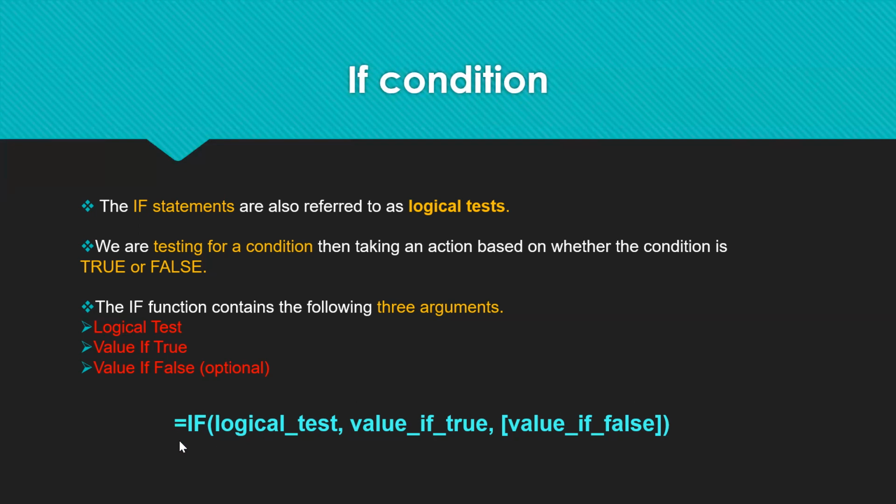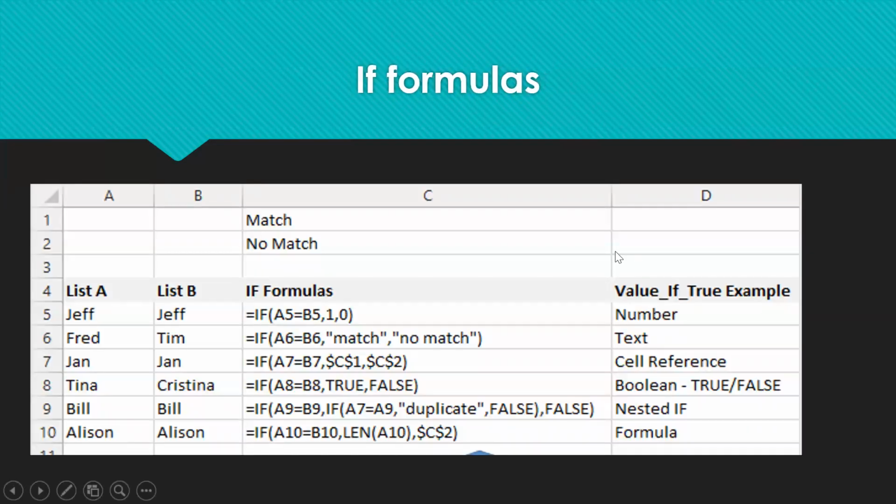This is the structure of the function. The first argument will be a logical test, for example 90 greater than 80, then what to do if the value is true and what to do if the value is false. The third argument is optional. Let's see that with some examples now.